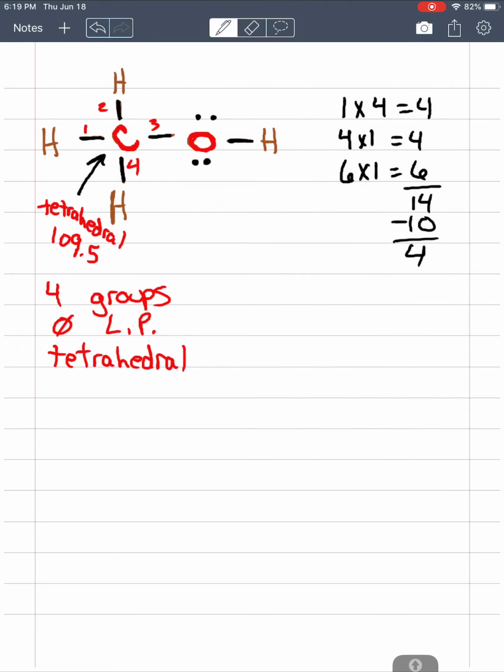All right. Let's count the electron groups around the oxygen. 1, 2, 3, 4. Let's count the lone pairs. 1, 2.